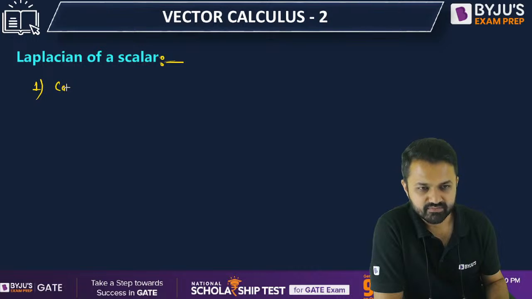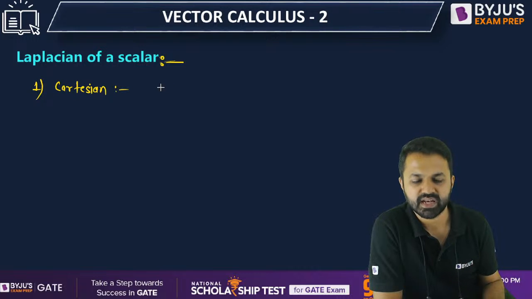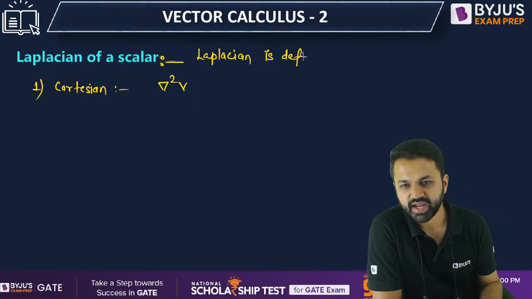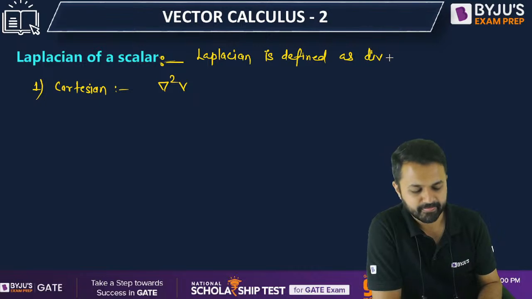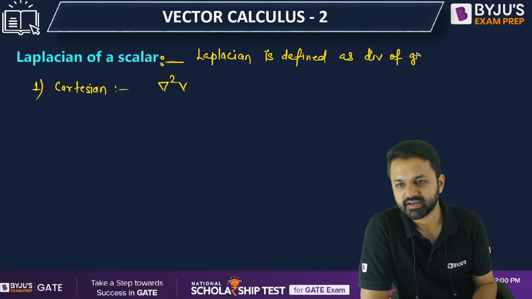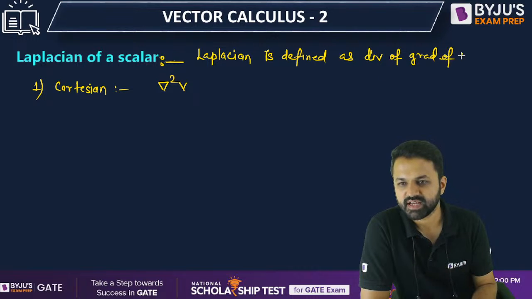First, in the Cartesian coordinate system, the Laplacian is del square V. Laplacian is defined as divergence of gradient of a scalar.